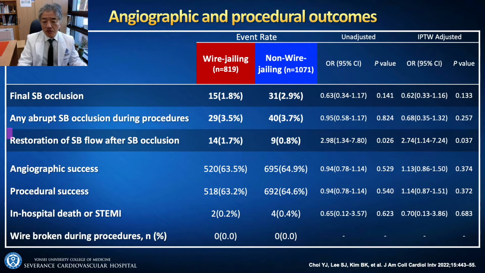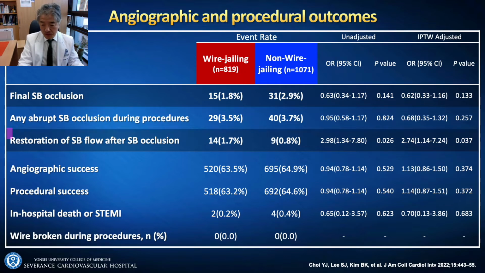When you look at the angiographic and procedural outcomes, especially the occurrence of the primary outcome, final side branch occlusion, there was no significant difference. In the incidence of any overlapped side branch occlusion, also no difference. However, the incidence of side branch flow restoration after overlapped occlusion was significantly higher in the wire jailing group.